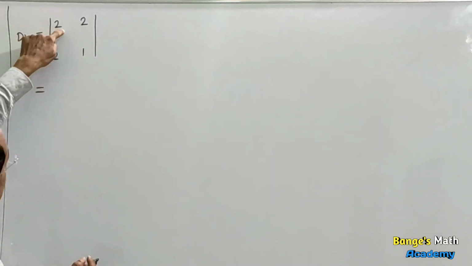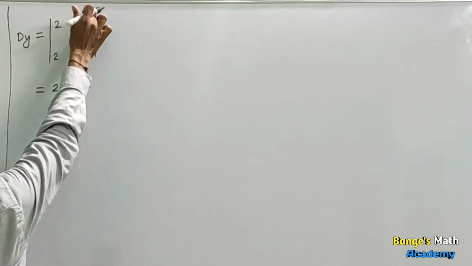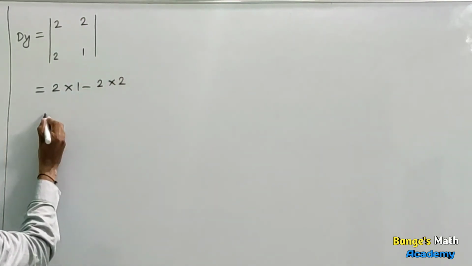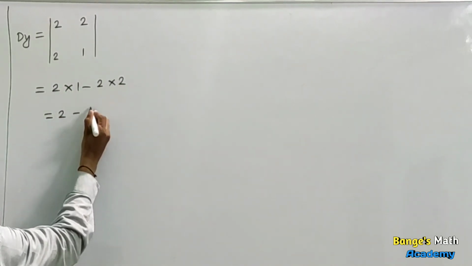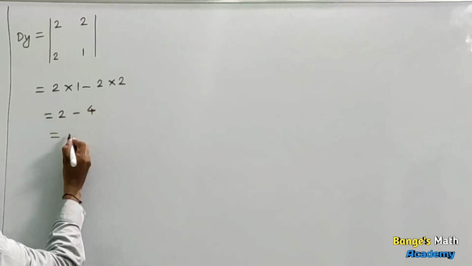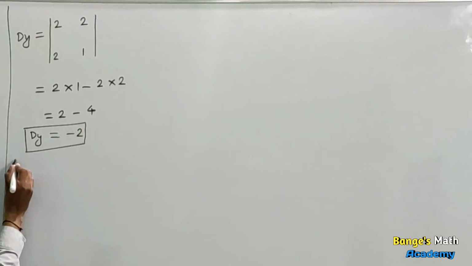Simplify this, 2 into 1 minus 2 into 2, is equal to 2 into 1 is 2, minus 2 into 2 is 4, 2 minus 4 is minus 2. We get value of dy.